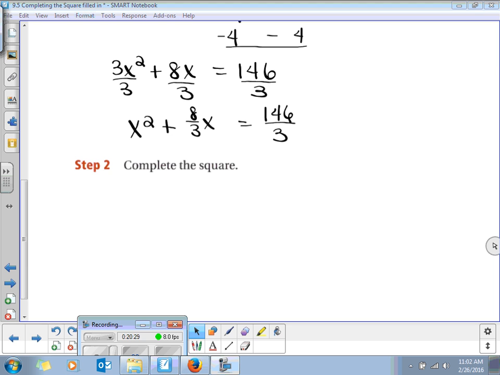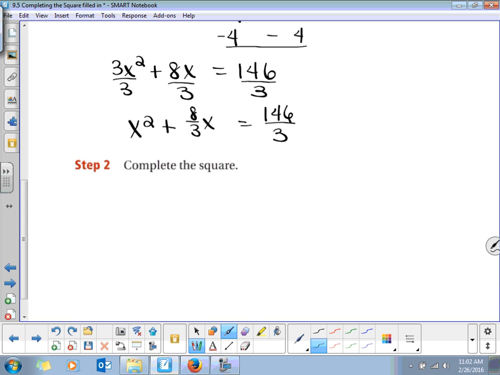All right. So now that we have a is equal to 1, now we can complete the square. So I'm going to rewrite it and leave us some space. So we have x squared plus 8/3 x, and a little space, is equal to 146/3, 146 thirds.